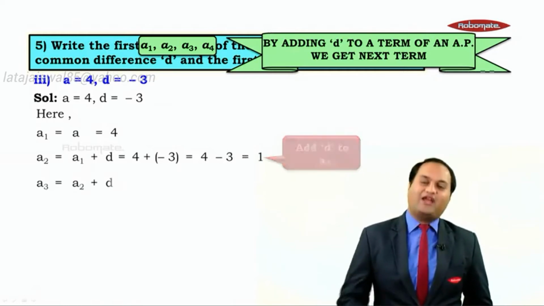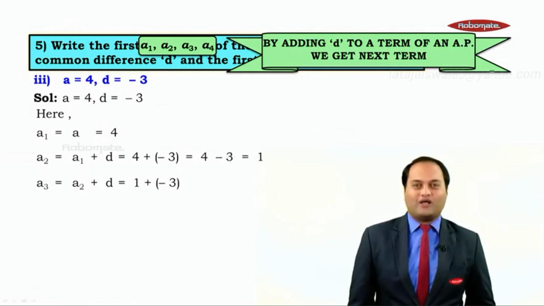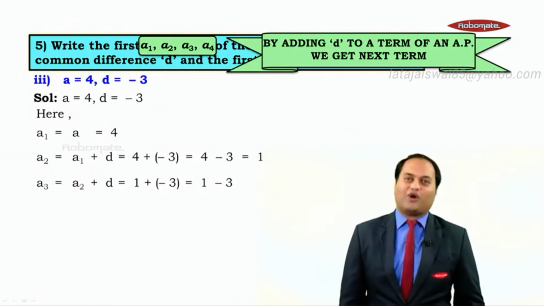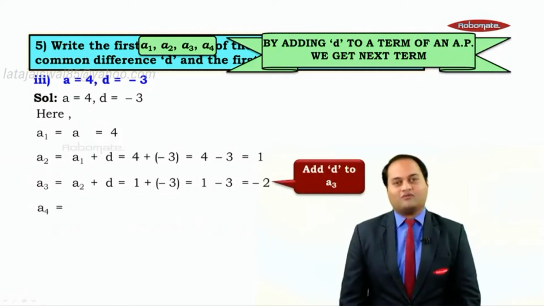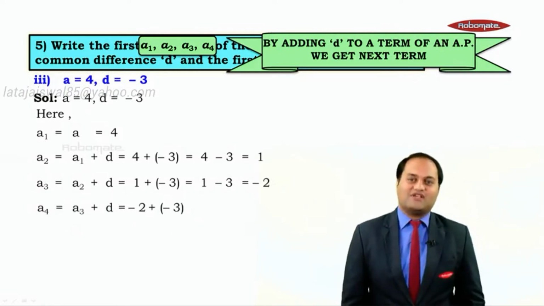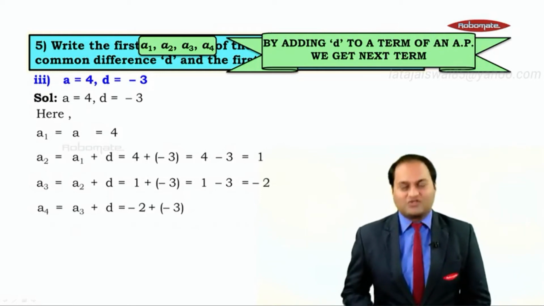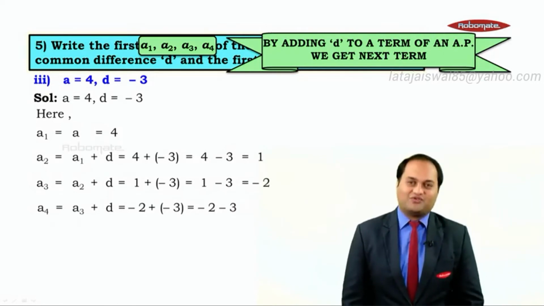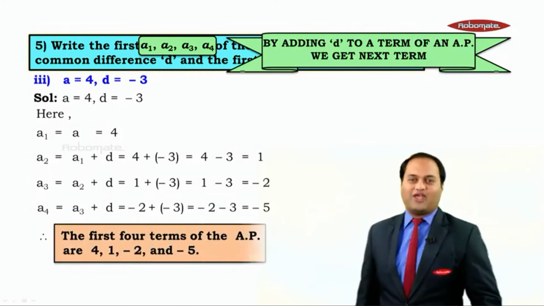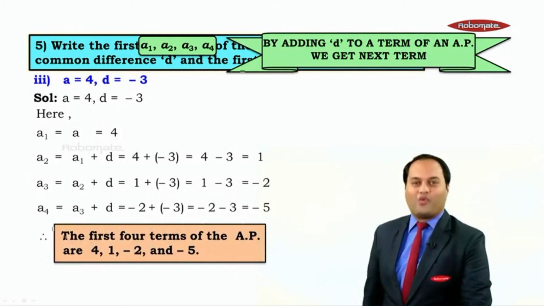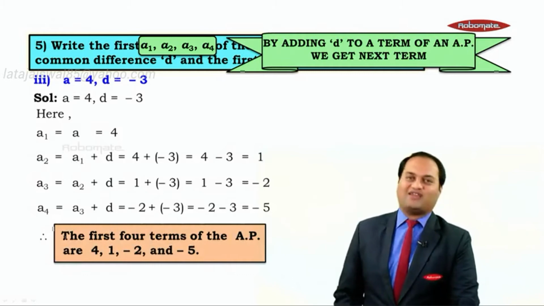A3, A2 plus D, which is equal to 1 plus of minus 3, which is equal to 1 minus 3, which is equal to minus 2. A4 is A3 plus D, which is equal to minus 2 plus of minus 3, which is minus 2 minus 3, which is equal to minus 5.